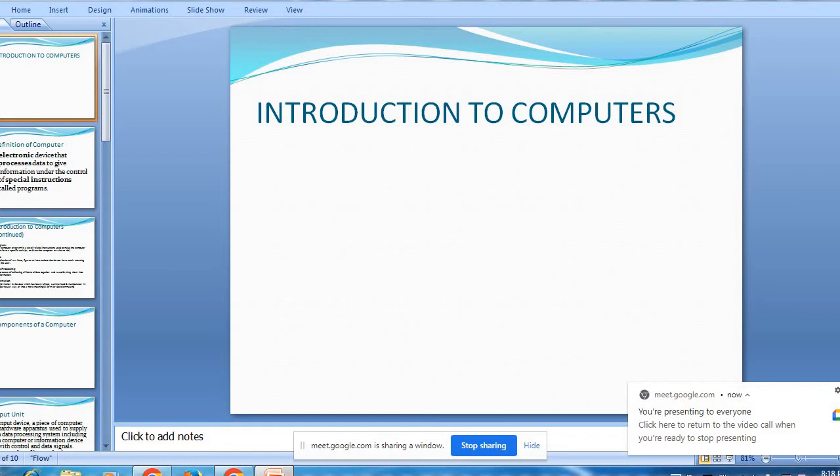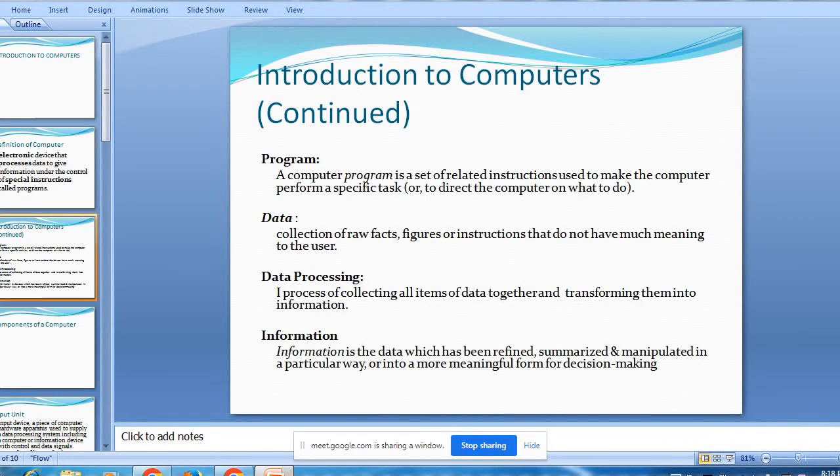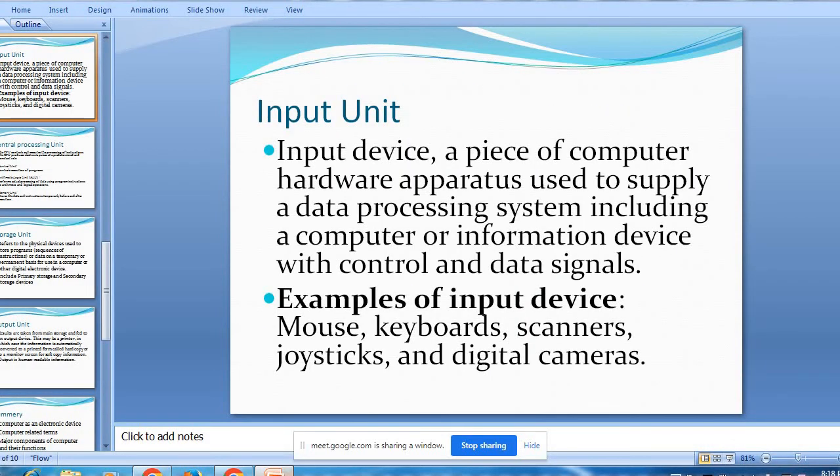The input unit contains devices that are used to enter data into the computer. Remember, for a user to communicate with a computer, it is not like you communicate with human beings. There must be a mechanism or a way in which you can communicate with the computer. So we use this unit where we find devices like a keyboard, mouse, scanners, joystick, etc.